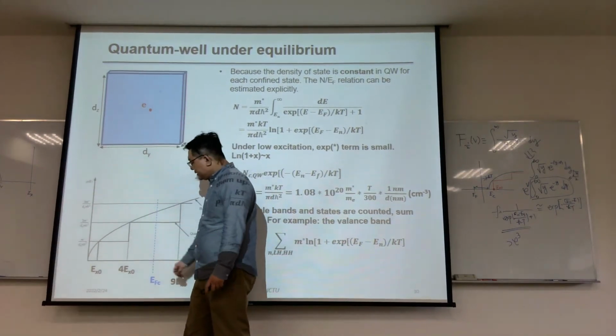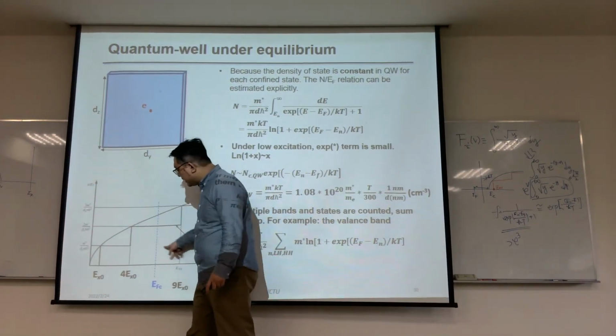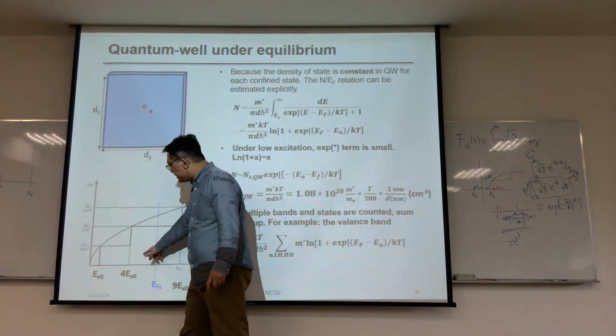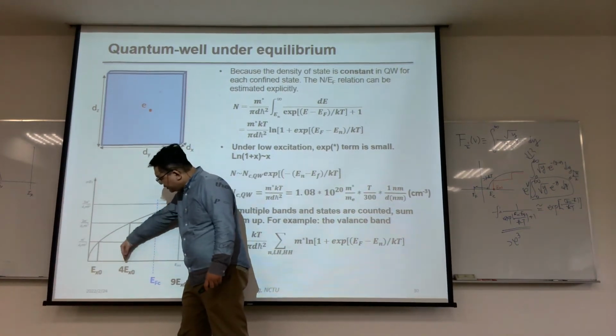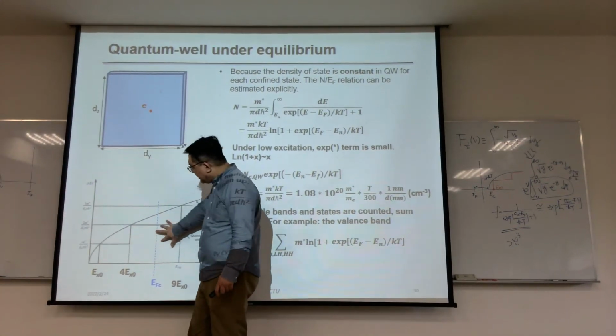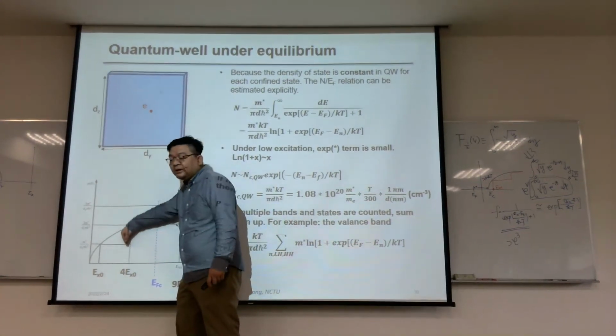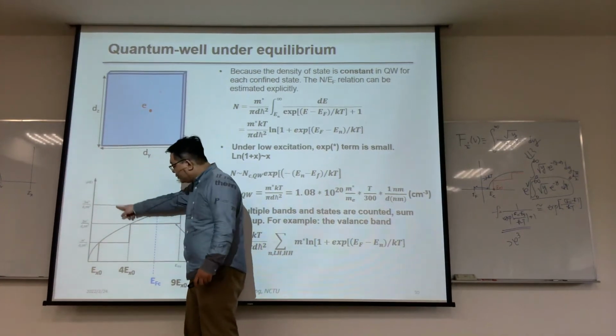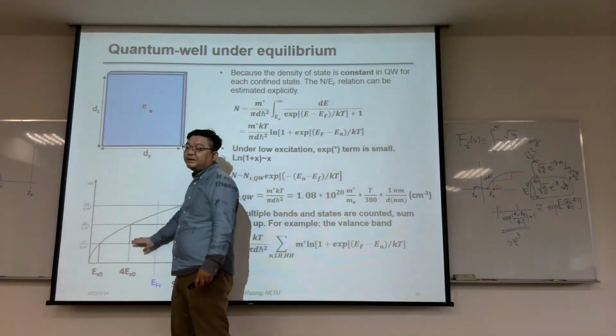So you calculate that for the first level first, and if your energy is larger than the second level, then you can pull out another string but with a different reference level, then do the integration again and sum it back.